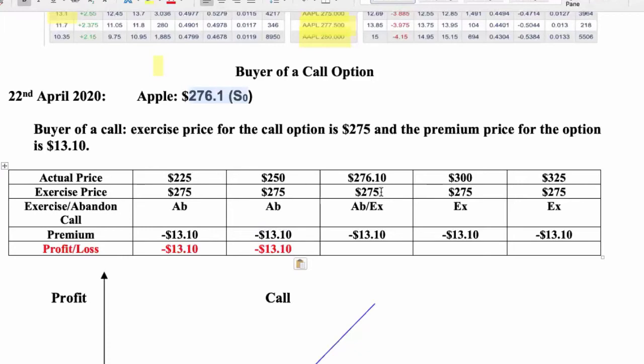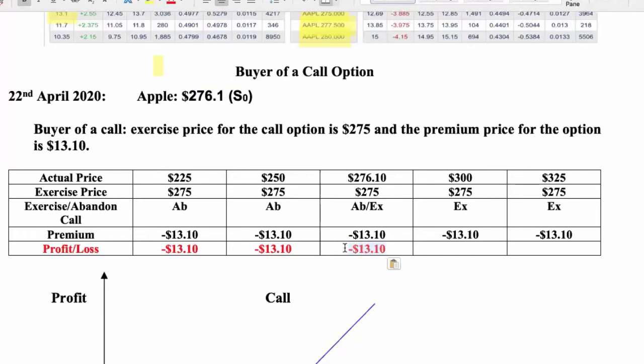So what do you do here? Do you abandon or exercise? As I said, sorry, I already covered that. You do one or the other. So if you abandon it, you still lose your 13.10. If you exercise, look, you're not going to get much. Just say you did exercise, you get $1.10 here. I suppose that is better. And so you can have nearly two answers here.